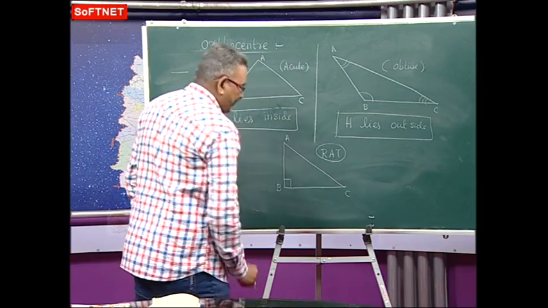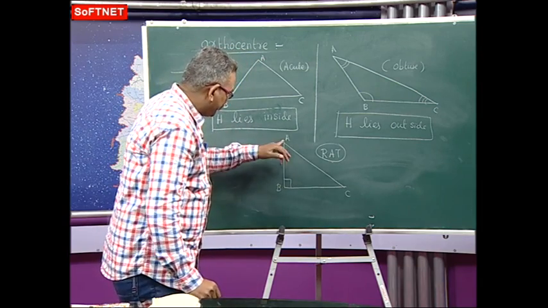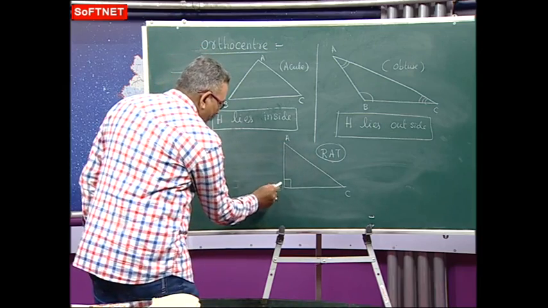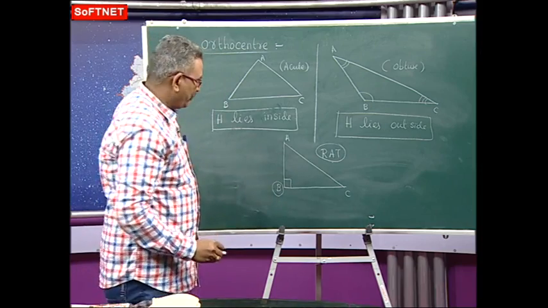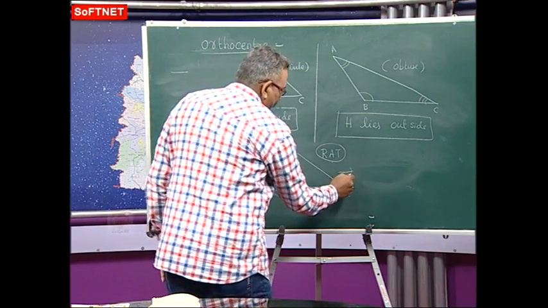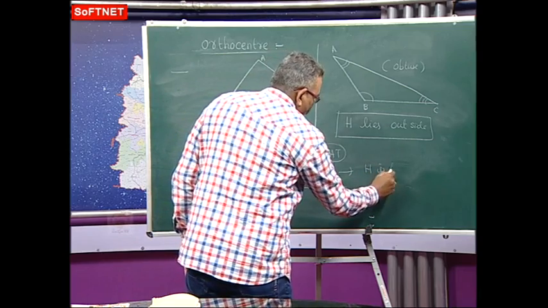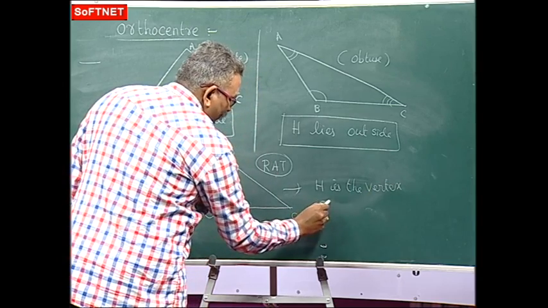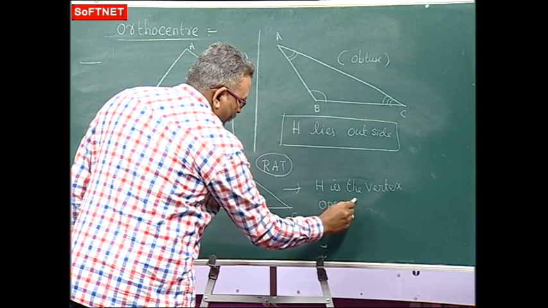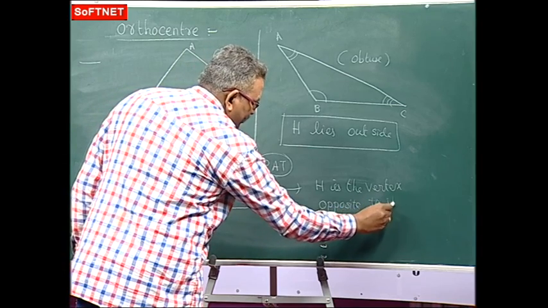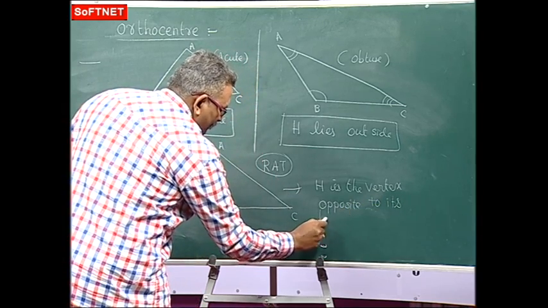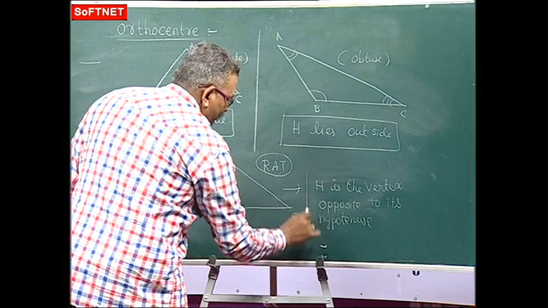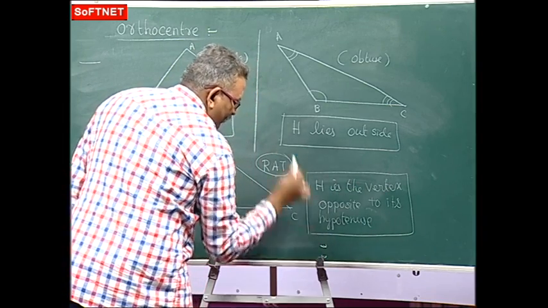In this triangle, see, this B is opposite to the hypotenuse, the greatest side. So that's why this B is the orthocenter here. So in this case H is the vertex opposite to its hypotenuse. These are the observations we can have.